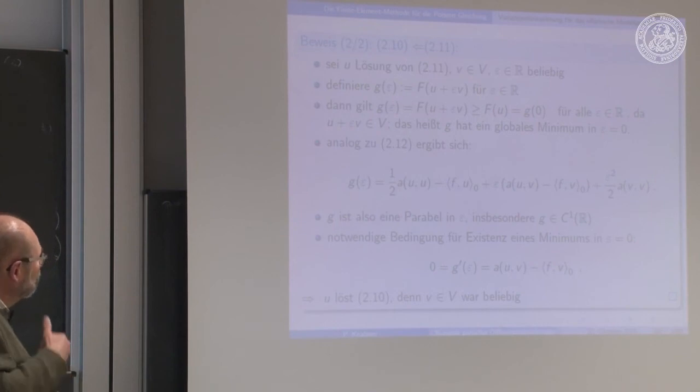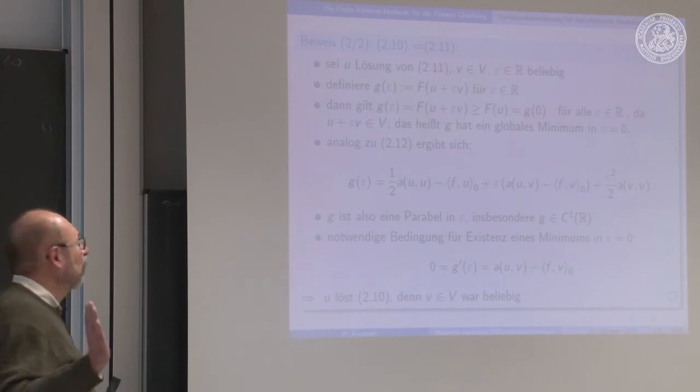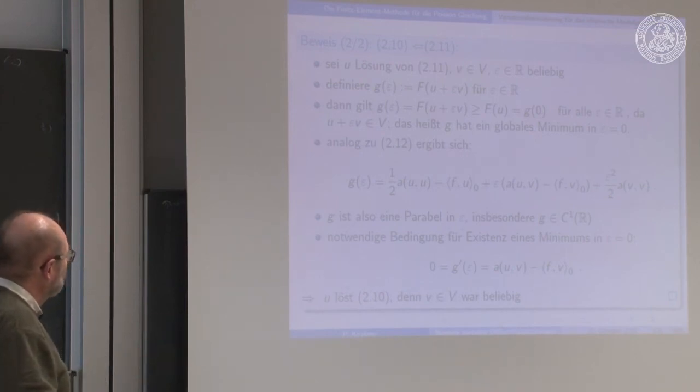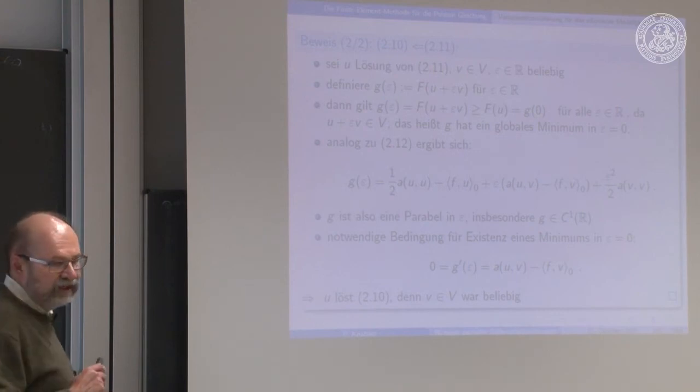But of course, if we have a minimum in such a large space, we have a minimum also in each direction which we choose in this space. There are many directions we can choose, so we choose one. We take a V, a direction, so this is a little bit of affine geometry if you want, in infinite spaces, and we go in this direction. So we have now a straight line defined by the point U and by the vector V, U plus epsilon V. This gives us now a function G in the real parameter epsilon.